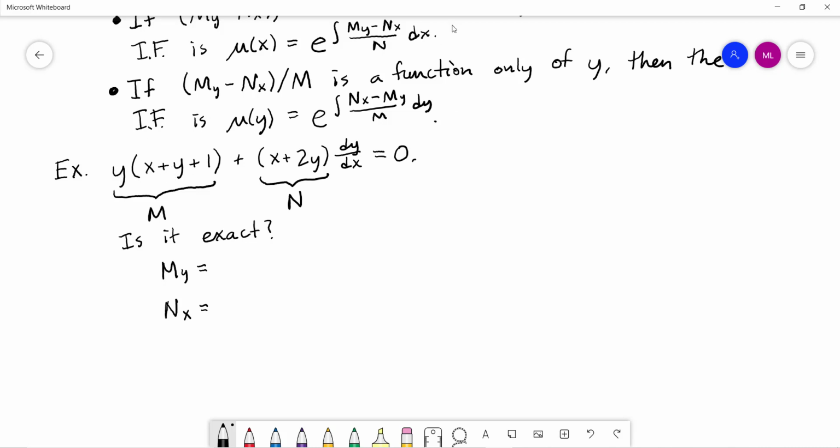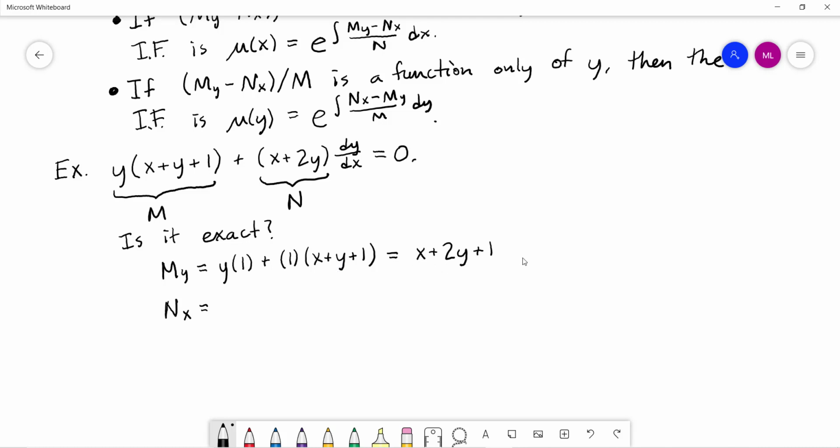So first times the derivative of the second, plus the second times the derivative of the first. So there's the derivative of the first, and there's the second. And what we get out of that is what? I'm going to get a y plus x plus y plus 1. So I'm going to get an x plus a total of 2 y's plus 1. I've got this y here, and then this y times this one here for a total of 2 y's, plus just this 1x and this 1.